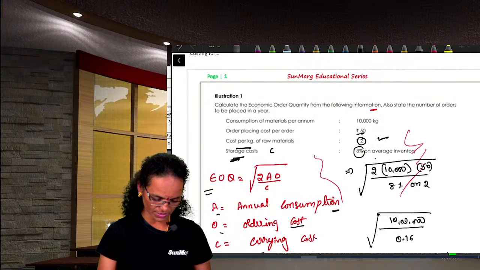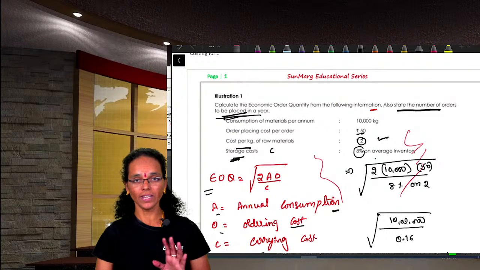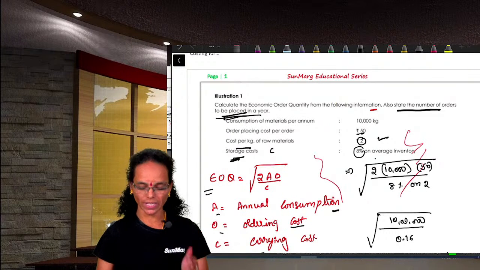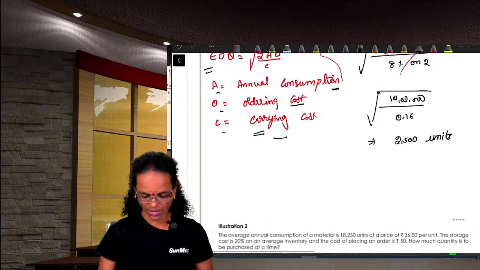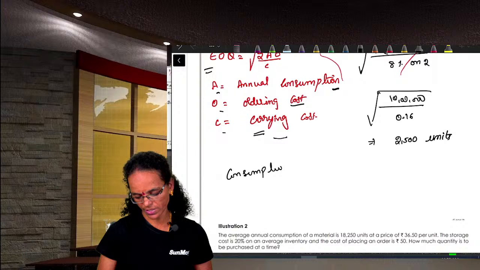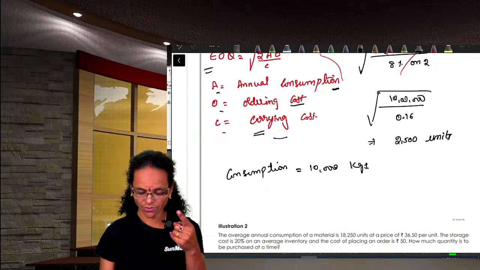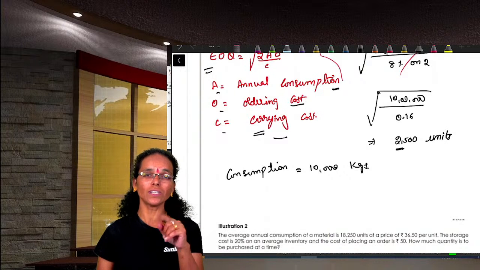That is what he asked. And also state the number of orders to be placed in a year. In a year, how many times can we place an order? See, our demand, our consumption, is 10,000 units or kgs, I can say. But we are placing a request for 2,500 units in a single go.